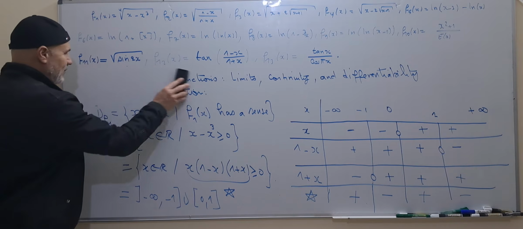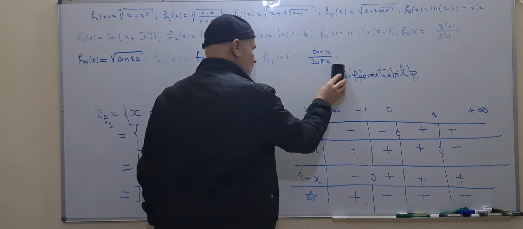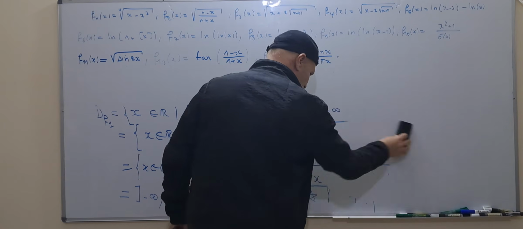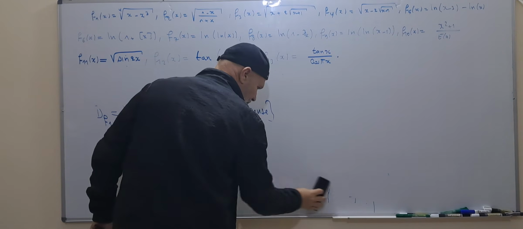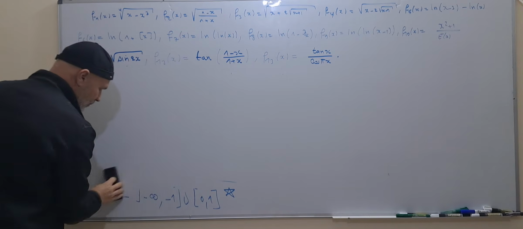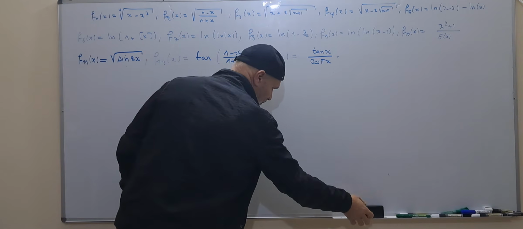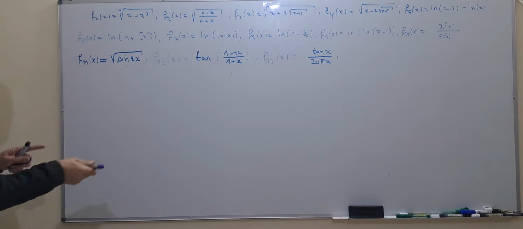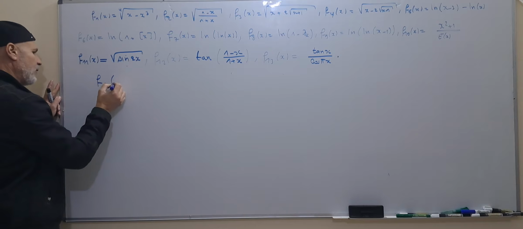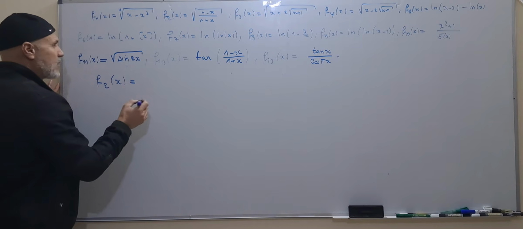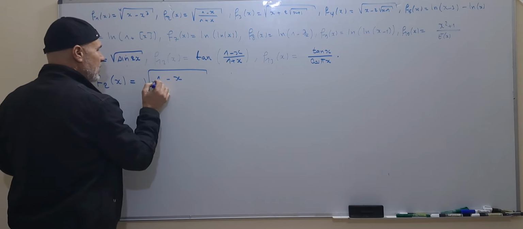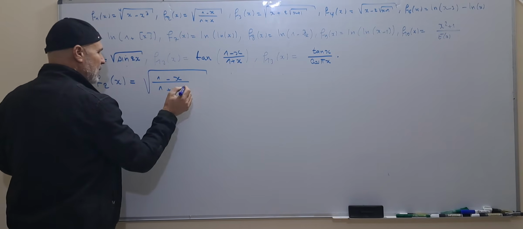For the second one, we have f2 of x is equal to the square root of 1 minus x divided by 1 plus x.